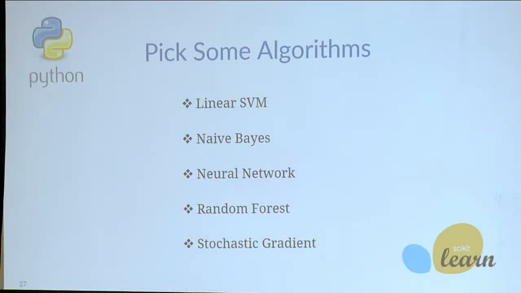So we had to pick some algorithms, and we did things like linear support vector machines, naive Bayes, neural networks, random forest, stochastic gradient. These are great kids' names. And we used scikit-learn from Python, which is so easy to do. And even if you don't exactly know how the algorithms are working behind the scenes, there's great literature to show how they run.